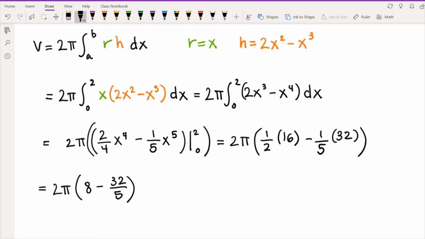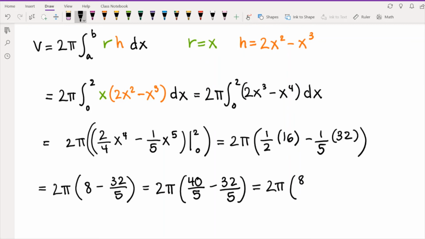So now we can make a common denominator. Our common denominator is going to be 5. So that's 40 over 5 minus 32 over 5. And so that leaves us with 2 pi times 8 over 5. And so our final answer is 16 pi over 5.